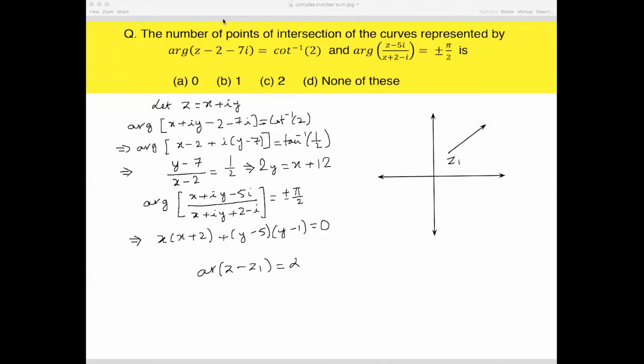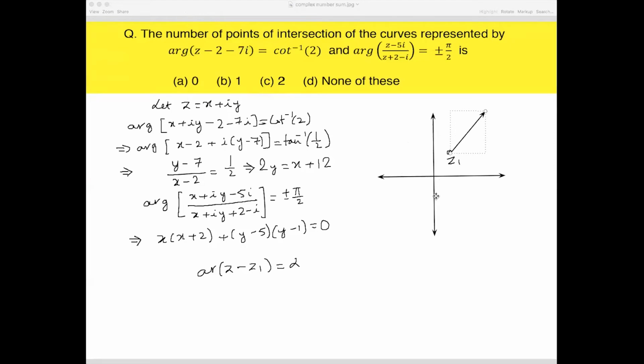Remember to fill up a hole here, because the ray will not include z1. So according to the angle, we will change the direction of the ray. You can point here or wherever. That depends entirely on how I take the angle. This is what the formula is.